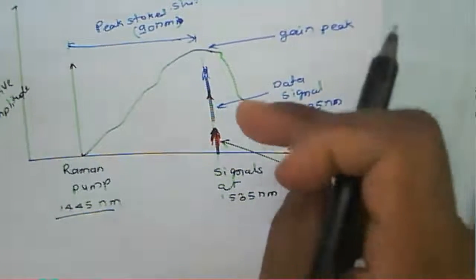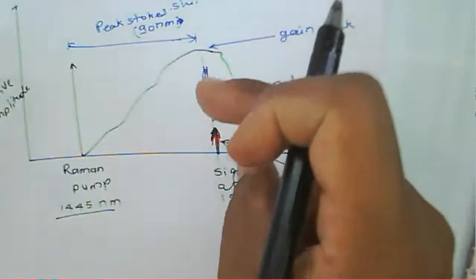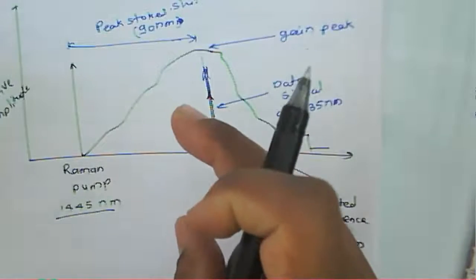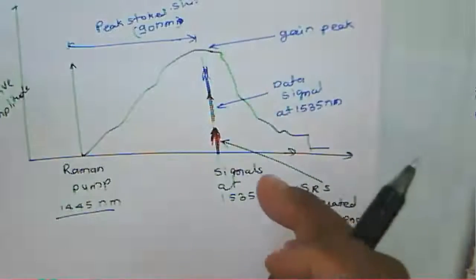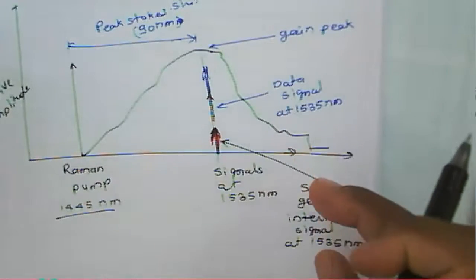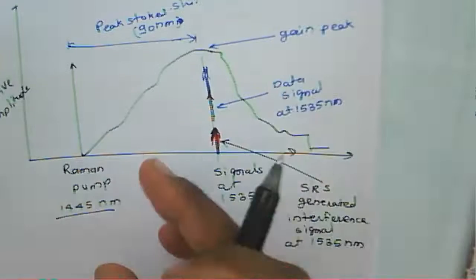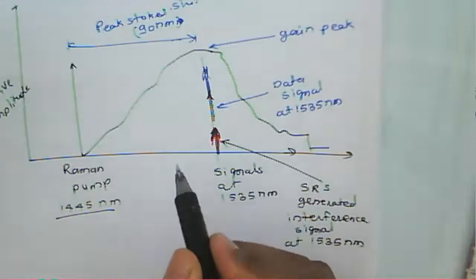So we can say the signal is amplified because the SRS transfers its power to the signal at this 1535 nanometer.